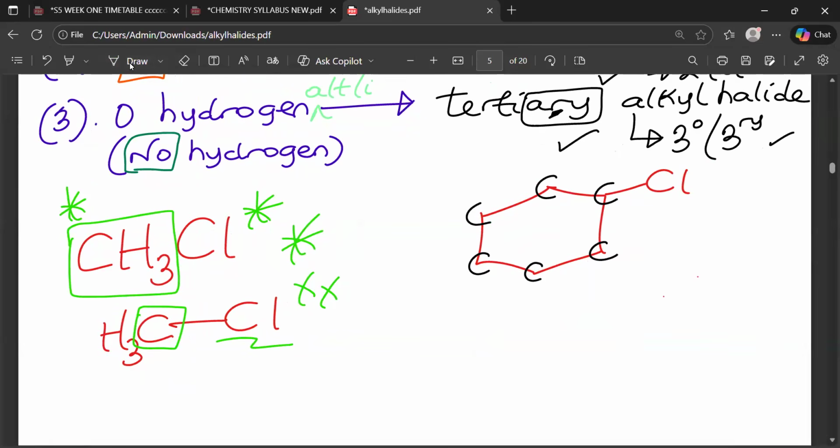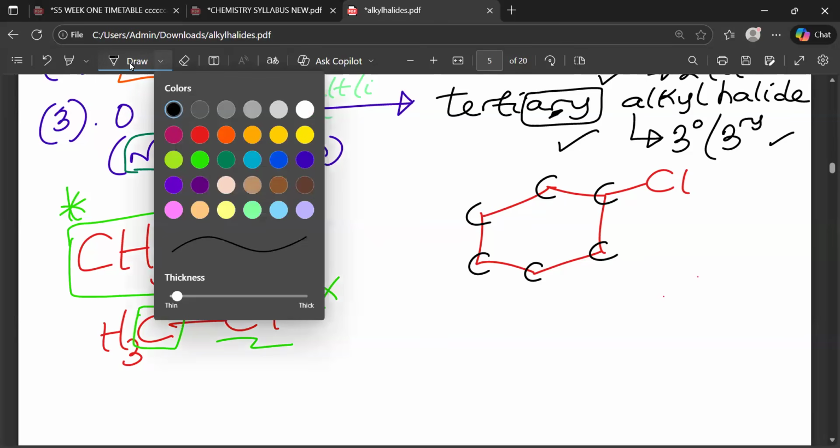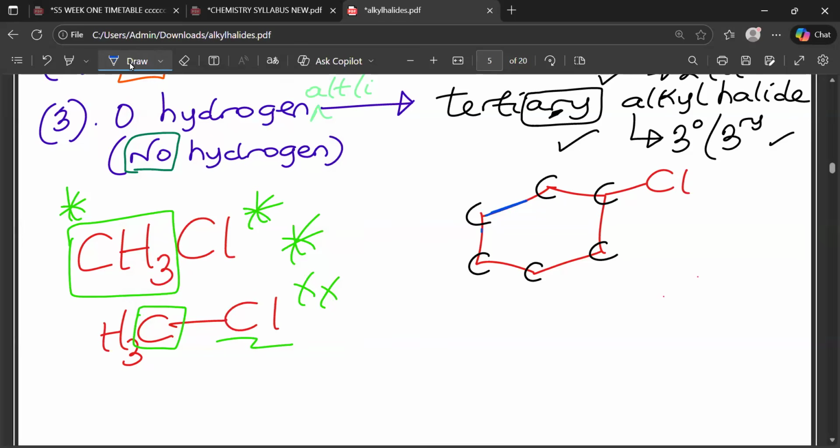And in that circle, each carbon has 2 bonds. What do I mean? Look here. One carbon is having 1 bond, 2 bonds. Even this one is having 1 bond and 2 bonds. Like that, because they are in a ring.